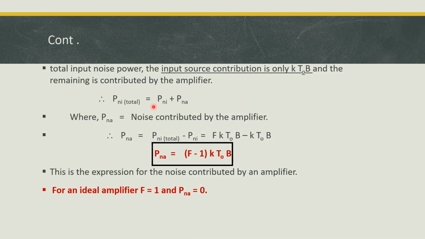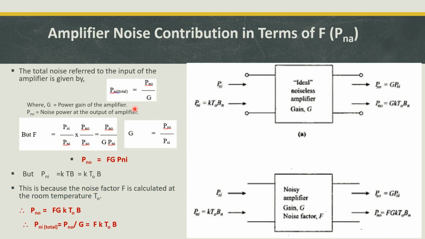Now we have to calculate the noise contributed by only the amplifier. The input source contributes K T0 B, and the remaining noise is obviously because of the amplifier. So PNI total is equal to source contributed noise plus amplifier contributed noise. We already calculated PNI total here.